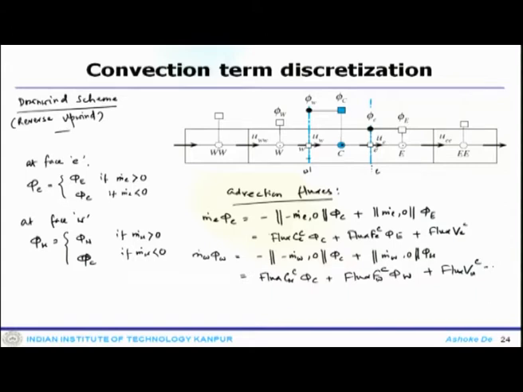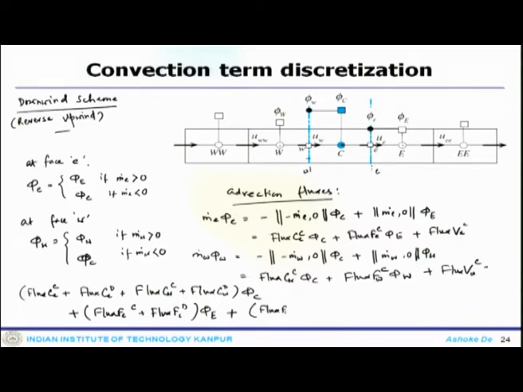Now, if you put everything back in the discretized equation, it will look like this: flux C convection plus flux C diffusion, plus flux C W convection plus flux C W diffusion, multiplied with phi C, plus flux F E convection plus diffusion times phi E, plus flux F W convection plus diffusion times phi W, equals 0.